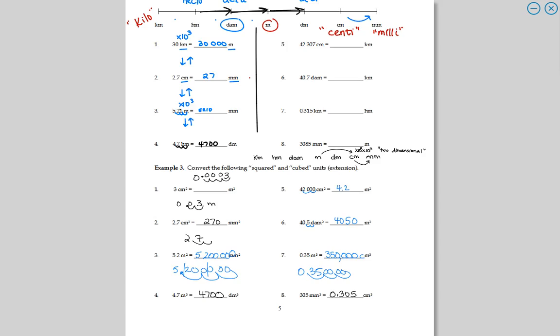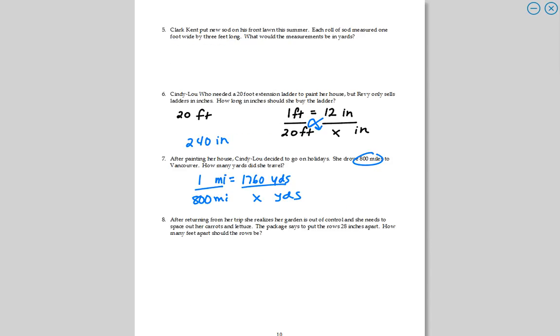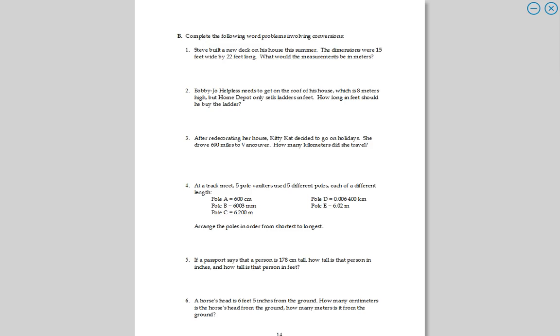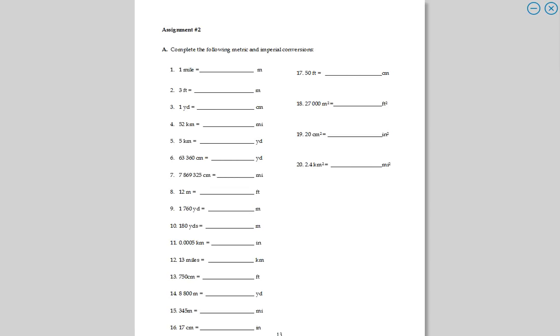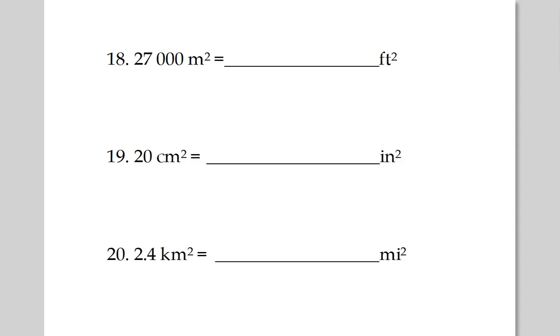Okay, so I'll just get you to flip to assignment 2, and I will show you some of these ones. It's a very similar process, except instead of using the regular scale factor, you just use a squared scale factor.